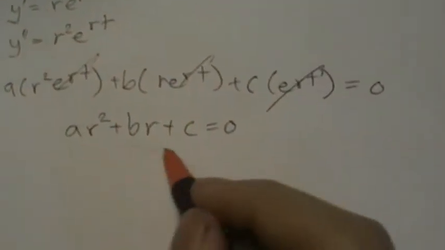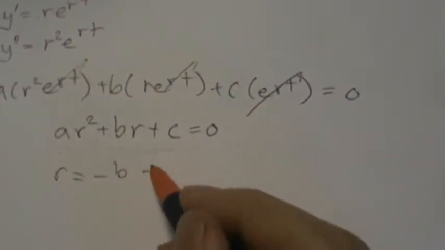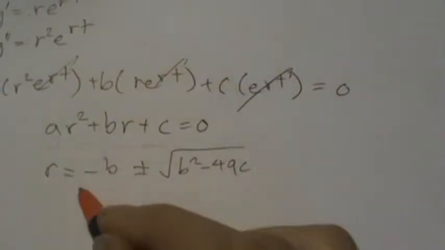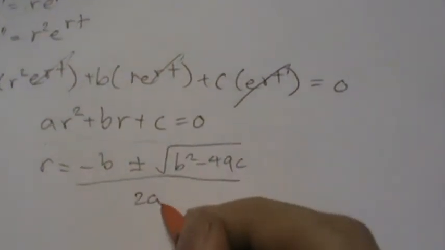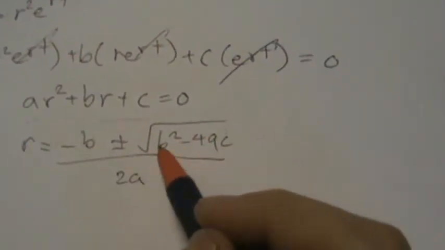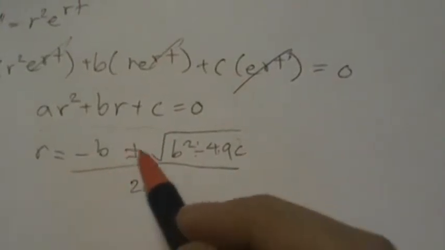Now, from the differential equation that we have, we can derive this characteristic, or just simple quadratic, equation. We know the formula is r equal to negative b plus or minus the square root of b squared minus 4ac, and the entire thing divided by 2a. So you know that there are three possibilities. When b squared minus 4ac is positive, you have two real roots.